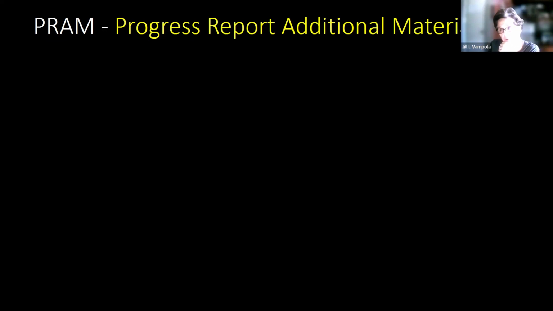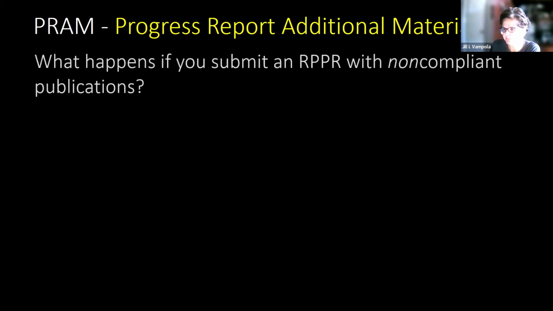I referred to earlier that you can submit your RPPR with non-compliant publications to the NIH, but the NIH is going to automatically come back and assign you what they call a PRAM. It's a progress report additional materials.